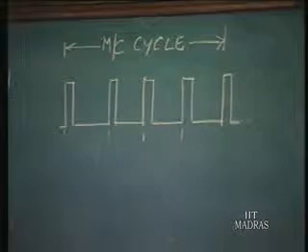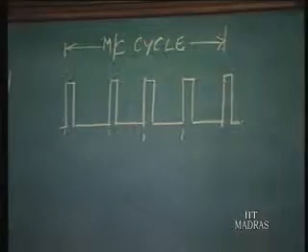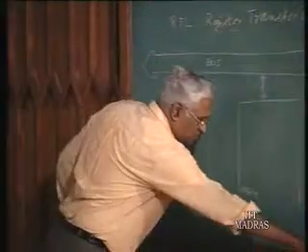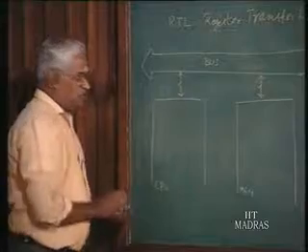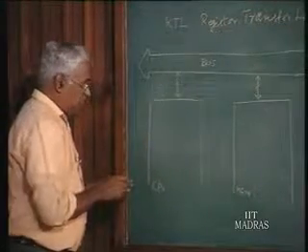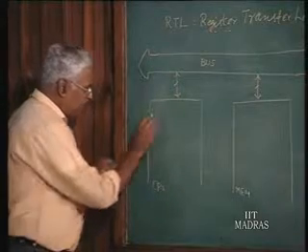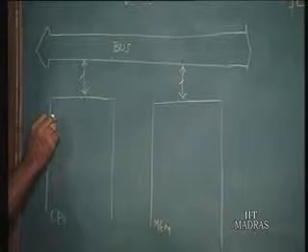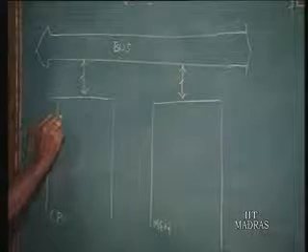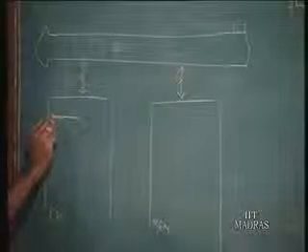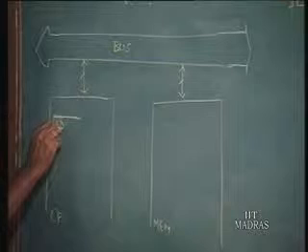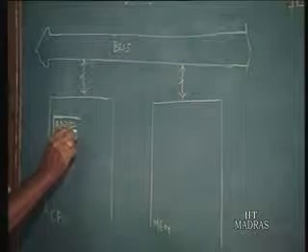We said the CPU places the address. Now I am going into the details of this set of lines. The CPU places the address, so we just call some register. We said earlier that the CPU will have some registers, different types of registers.